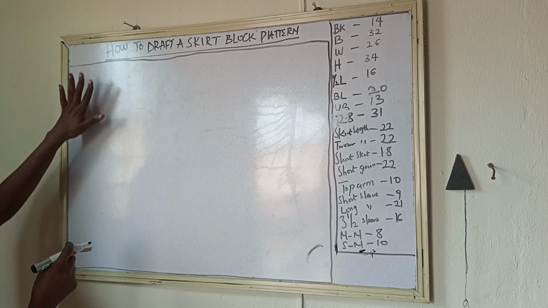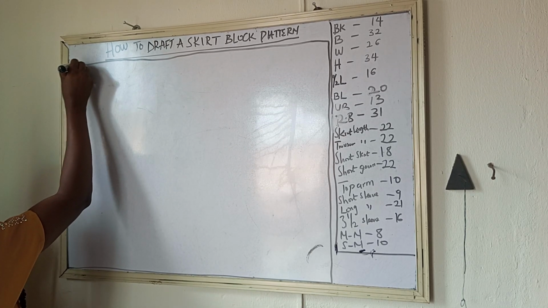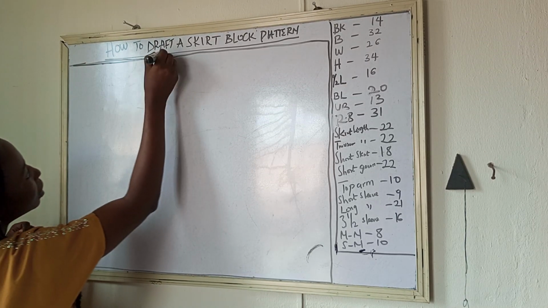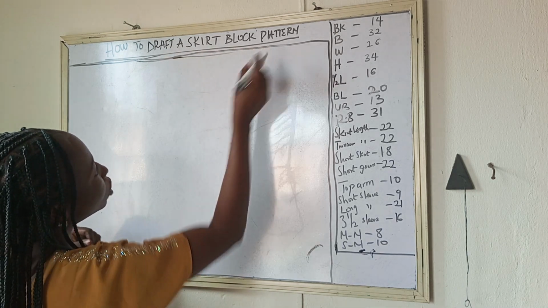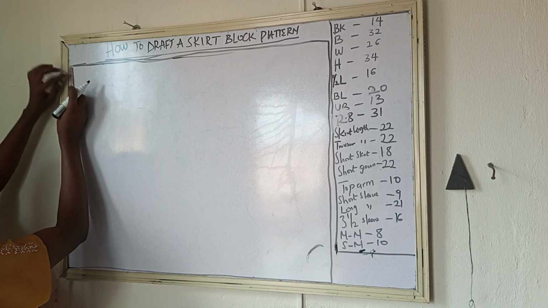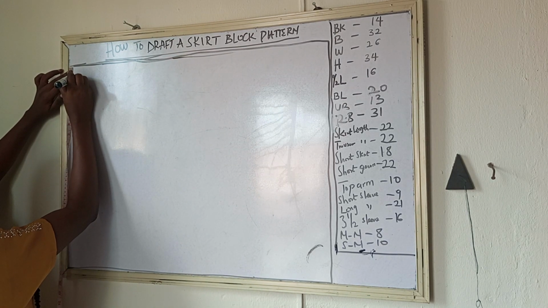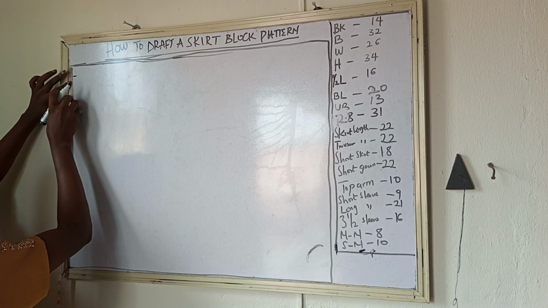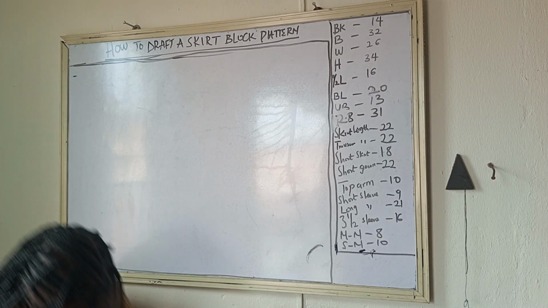So the first thing I'm going to be doing is making this line. Okay, my hand is not straight though. Let me just come down by 1 inch so I can get a perfect straight line.